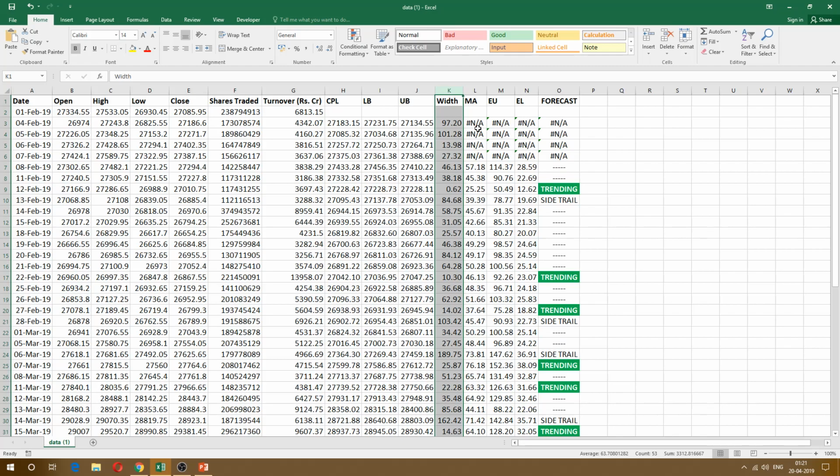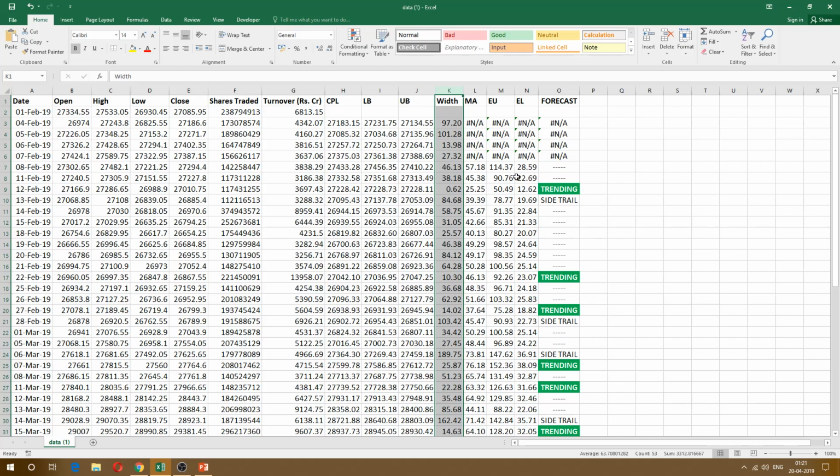Don't worry about these values. I will teach everything, give the formula on how to calculate them, and explain how to set up this whole Excel sheet. Focus on the immediate objective: understanding what the width is telling us. We are looking for extremely wide values or extremely low values in the width.